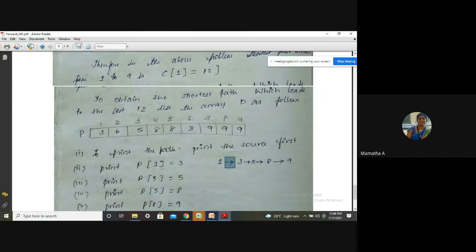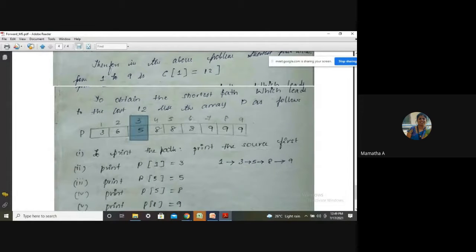What is P of 1, students? What is P of 1 in my graph, in my table? 3. That means from 1, I move to vertex 3. After that, from 3, which vertex did I go to? Print P of 3.